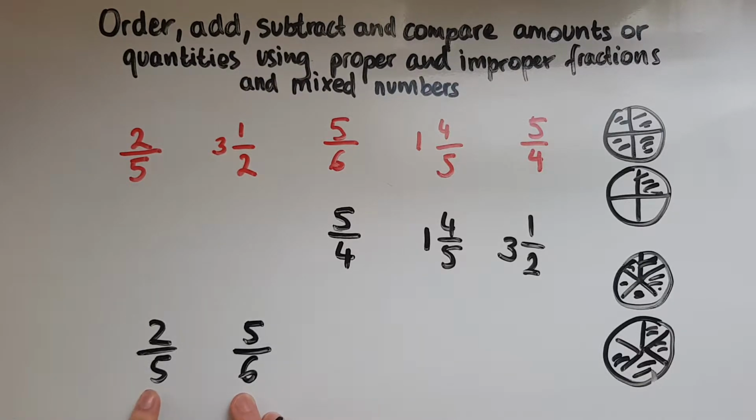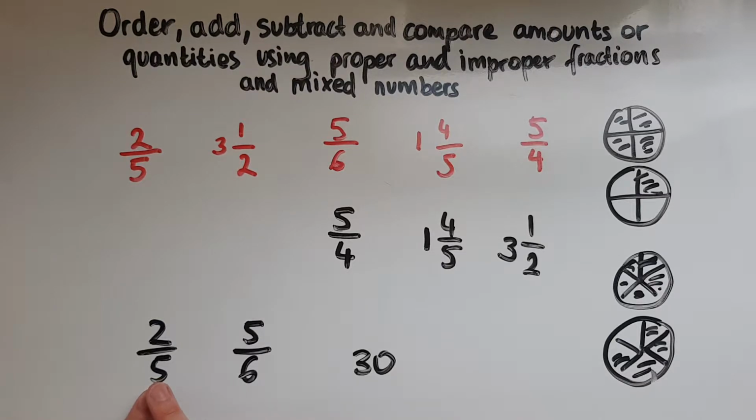So multiples of 5 would be 5, 10, 15, 20, 25, and so on. And multiples of 6 would be 6, 12, 18, and so on. So the one that could be in common for both is 30, and I can easily do that by multiplying 5 by 6.